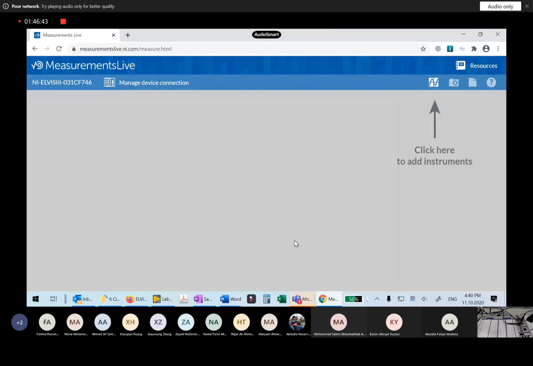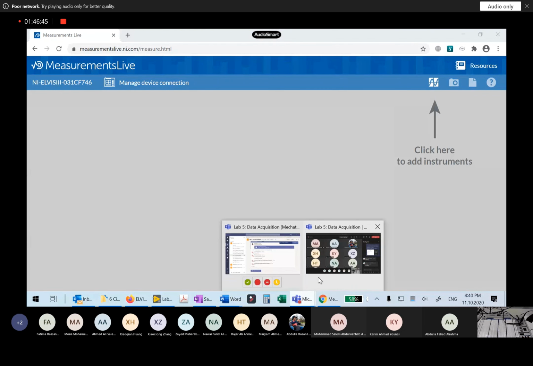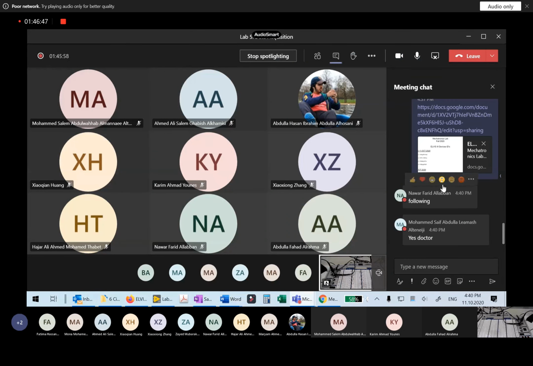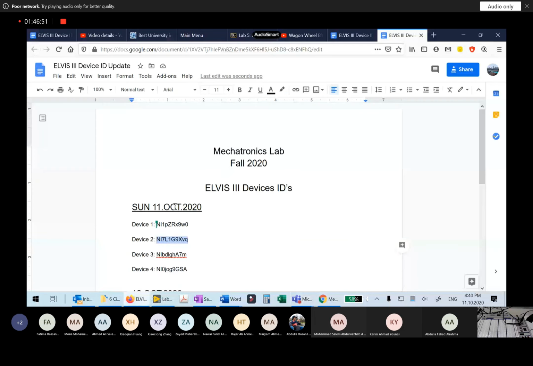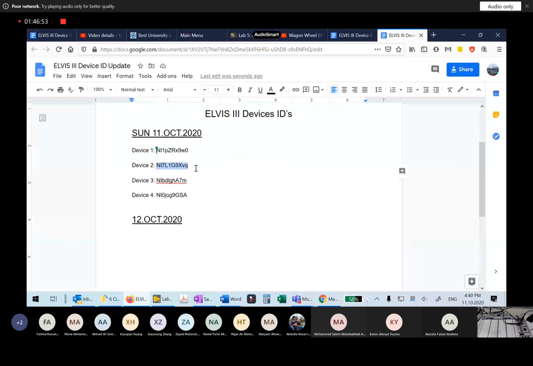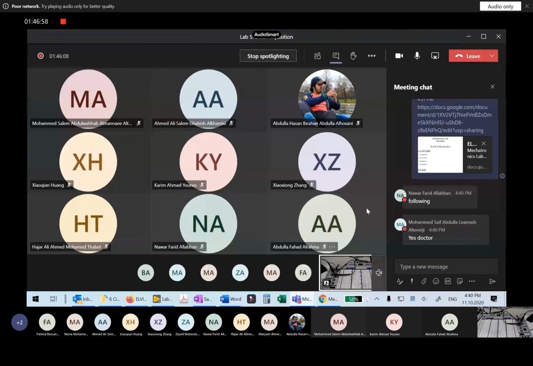Okay, so if anybody has a problem connecting to the device, because this is what you will do on your own, I will leave these IDs for you at any time. Just put an ID, connect, and complete your exercise. So you have to have this working.